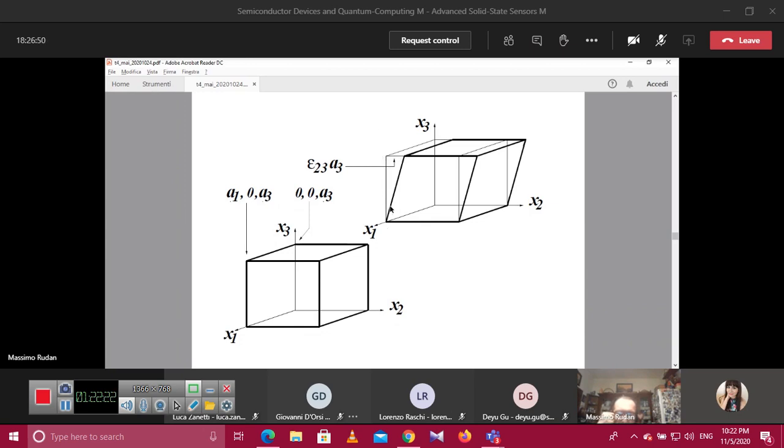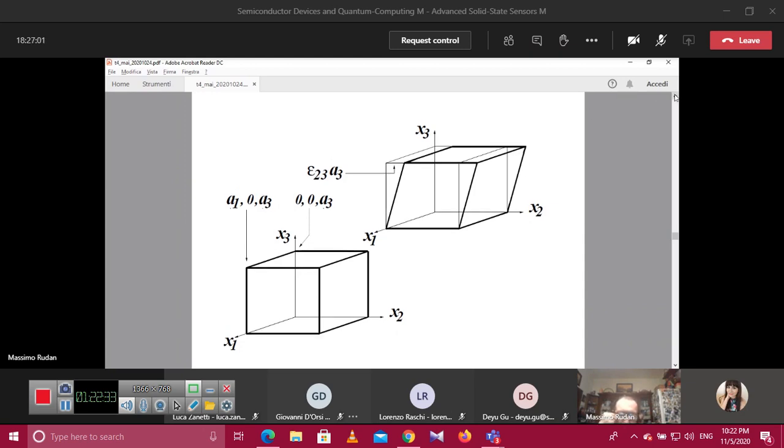But this angle is very small. So the tangent is practically equal to the angle itself measured in radians.